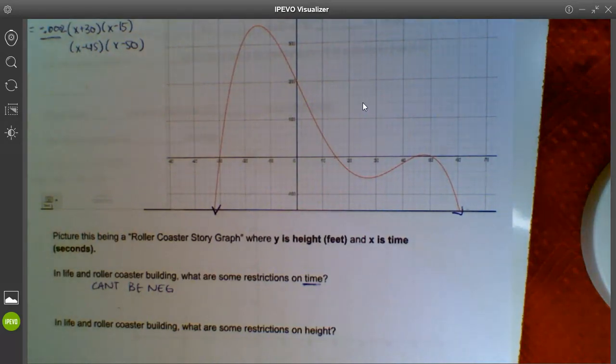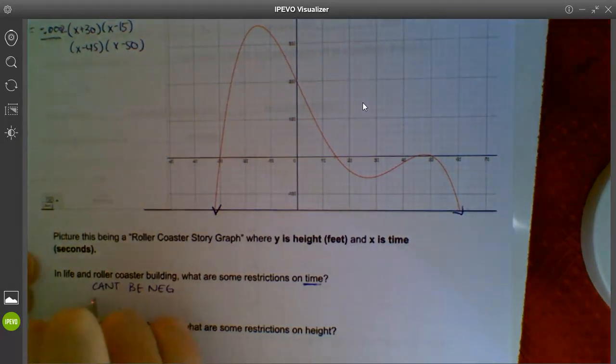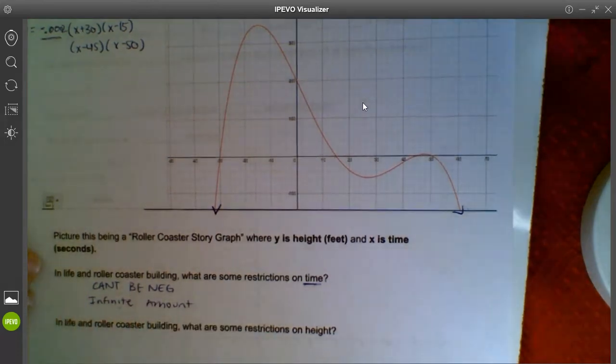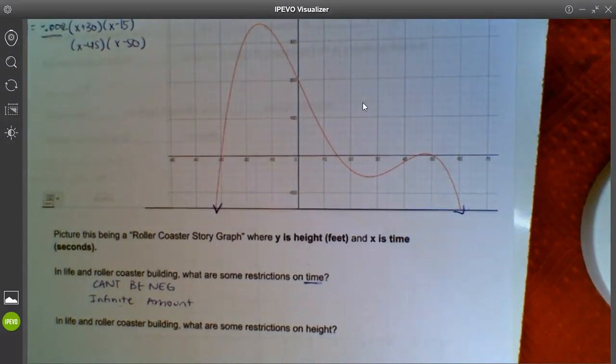It makes zero sense. Time can go on forever, but in roller coaster building, it can't be an infinite amount of time, or else you would get on the roller coaster, age on it, and just keep going around and around forever and never live your life.